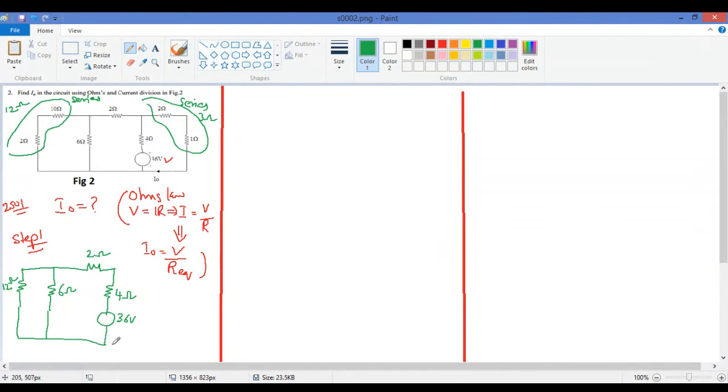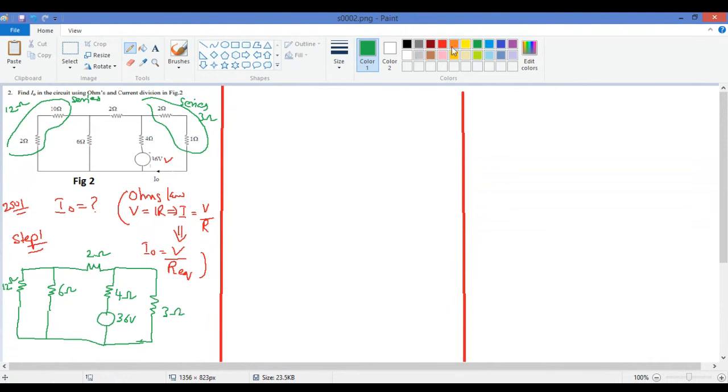And here it is given that I naught. And this value, we just replaced it with 3 ohms. Okay, all of you, this is our step number one.